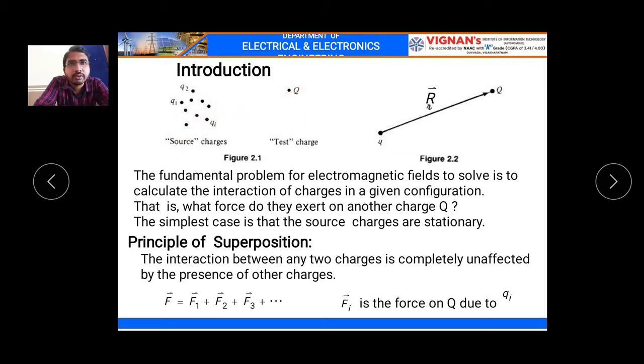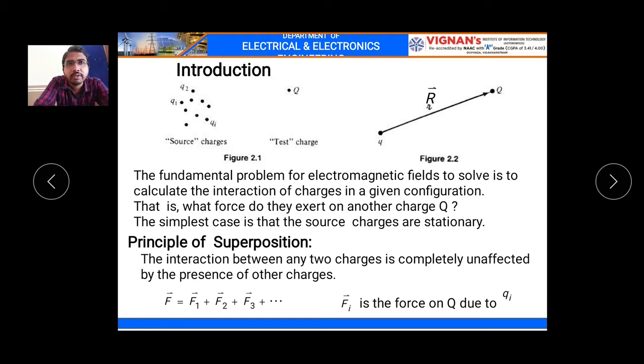So what is the force between them, whether a force of attraction or repulsion exists, and what is the magnitude of that force? Mainly our subject, electromagnetic fields, will focus on how to solve for the force between any two charges, what is the direction of that force, and what is the magnitude of that force. All these calculations we will do in this particular unit.